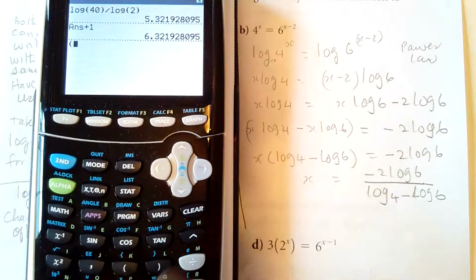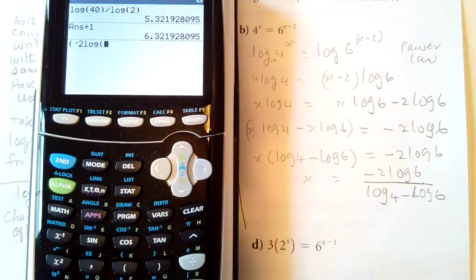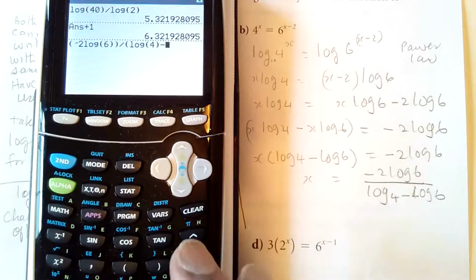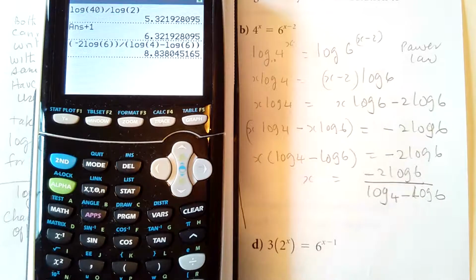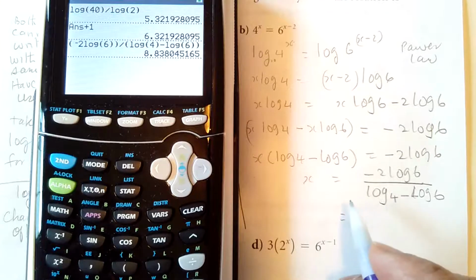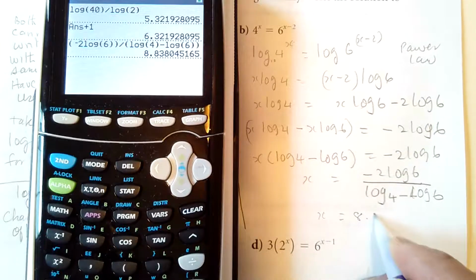And so on top we have negative 2 log 6, bracket, divided by, and we have log 4 minus log 6. That gives you an answer of 8.83. So we round up to 8.84. So x is equal to 8.84.